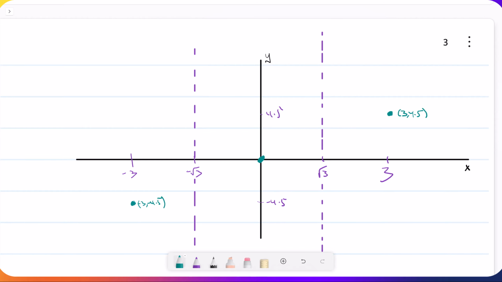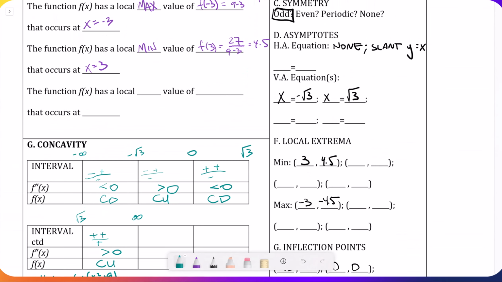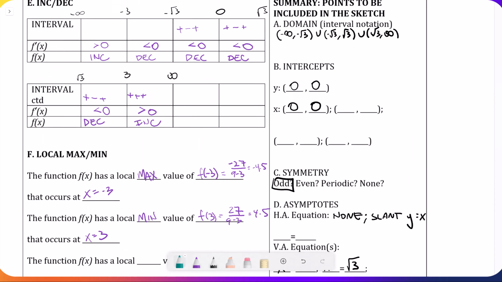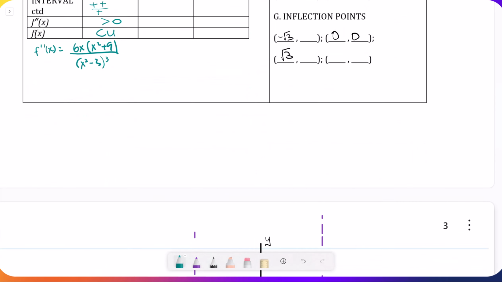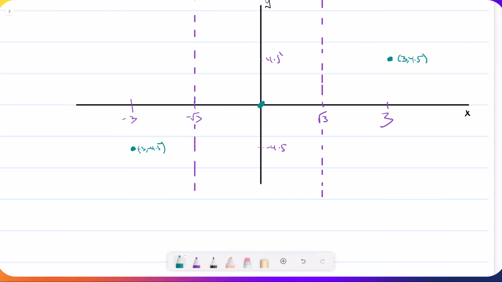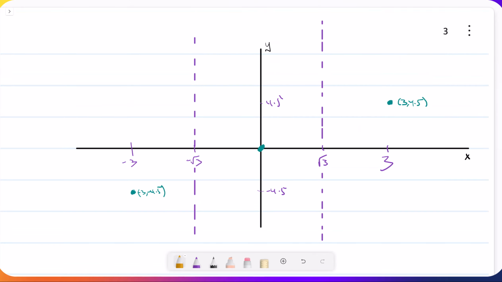Okay. Any other points of note that we can plot? I don't think so. So I think we're more or less ready to get going on the sketch. And the last thing to remember is that we had some slant asymptotes, so we just keep that in mind as we draw the sketch, kind of like a y equals x look that is associated with this as well.